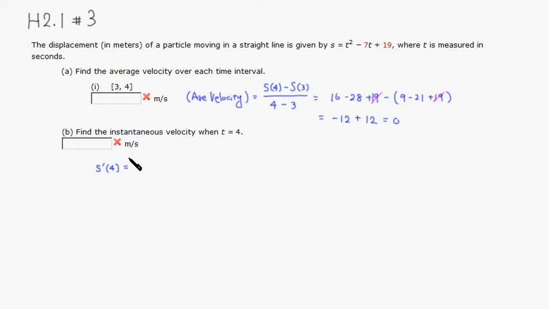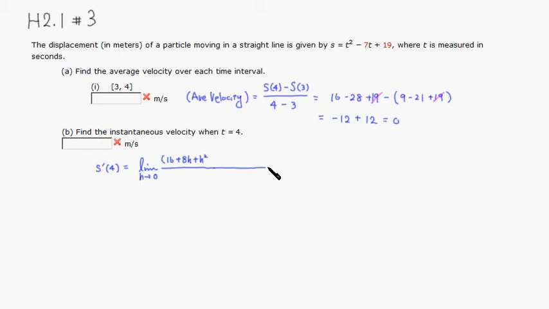We can do that by taking a limit as h approaches 0 of s of 4 plus h. Every time you see t, we put the 4 plus h in there. So you have 4 plus h squared, and I'll go ahead and multiply it out: 16 plus 8h plus h squared.